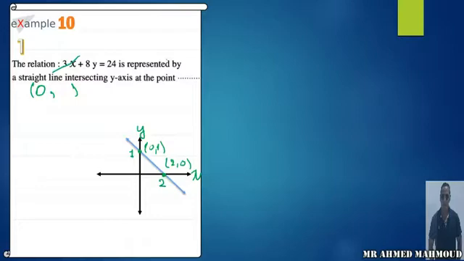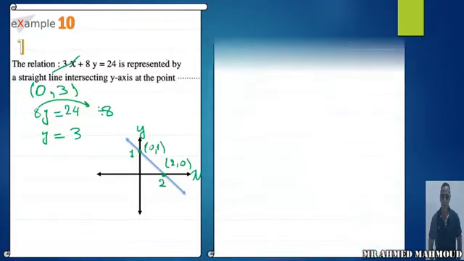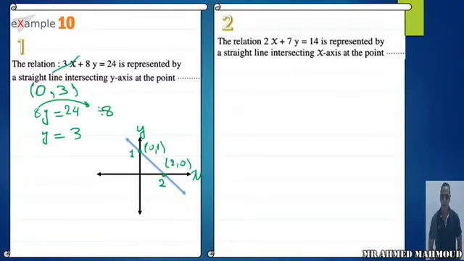Then 8y equals 24, then y equals 24 divided by 8, which equals 3. Then the point will be 0 and 3. Another example. Number 2, if 2x plus 7y equals 14 is represented by a straight line that intersects the x-axis at.